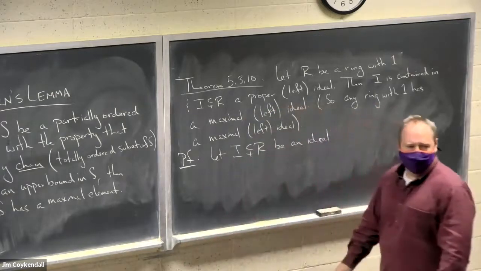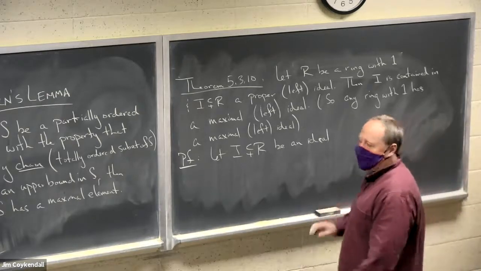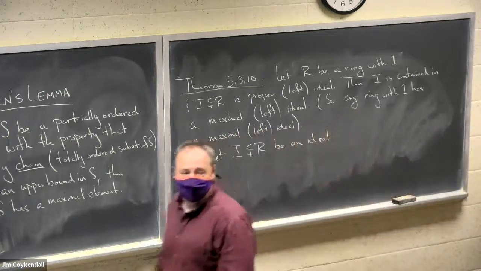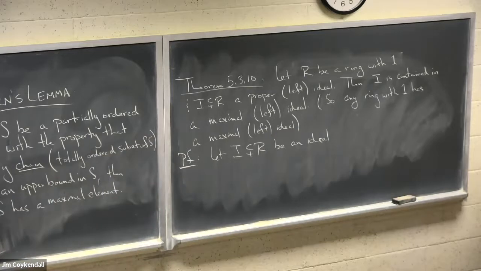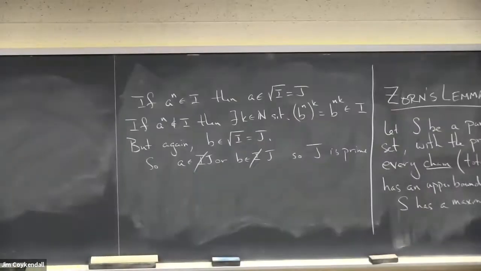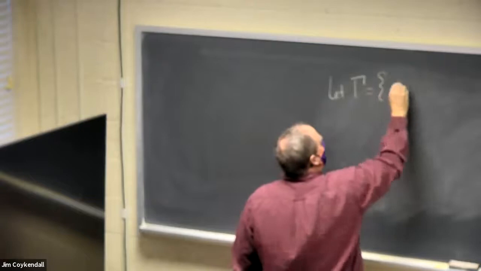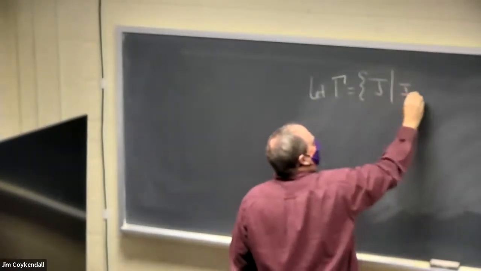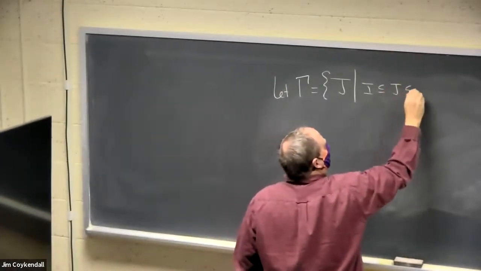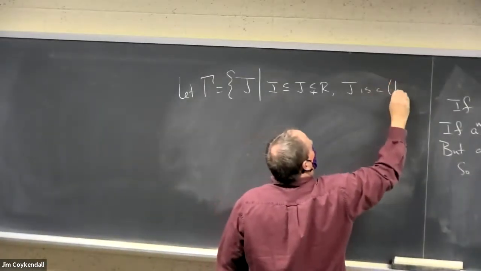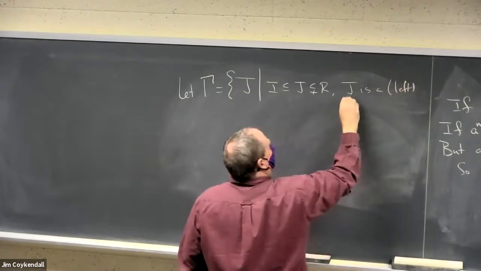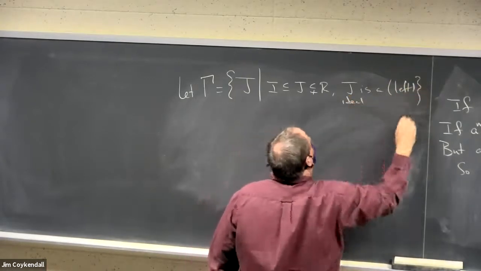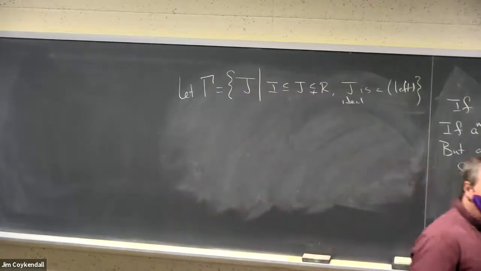So here we have our proper ideal. Now, I am going to build a partially ordered set, just like I will use from Zorn's Lemma here. And here's my partially ordered set.